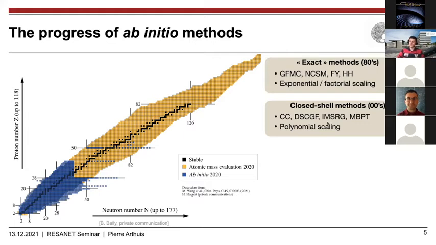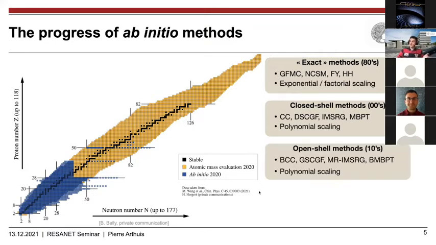But during the 2000s, people reintroduced or developed coupled cluster theory, Dyson self-consistent Green's function, in-medium similarity renormalization group, and many-body perturbation theory. At first, using them on doubly closed shell nuclei, which of course are only a limited number of nuclei, but still able to go up to calcium and nickel, for example.